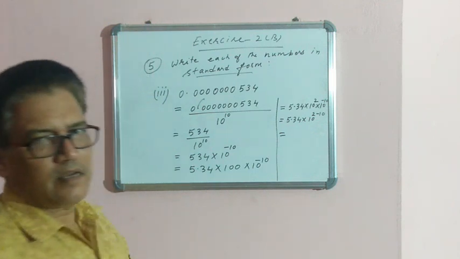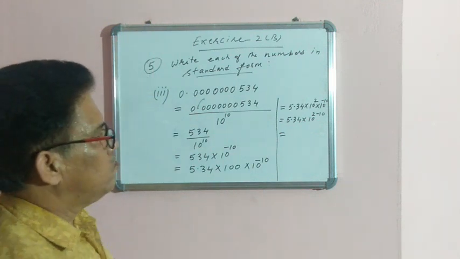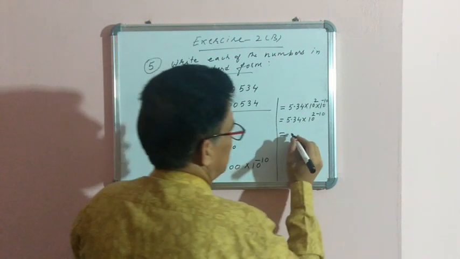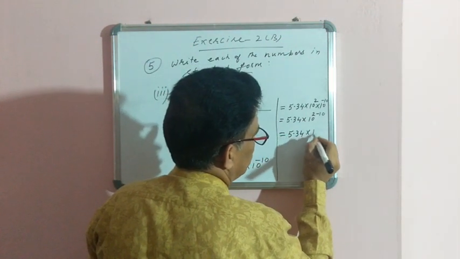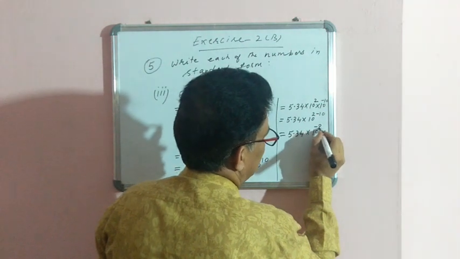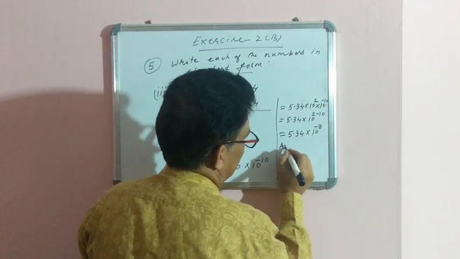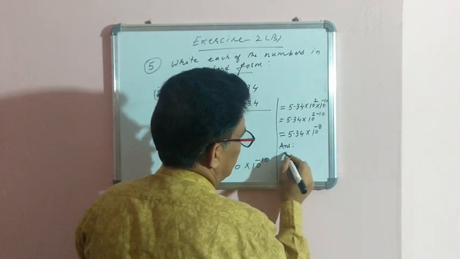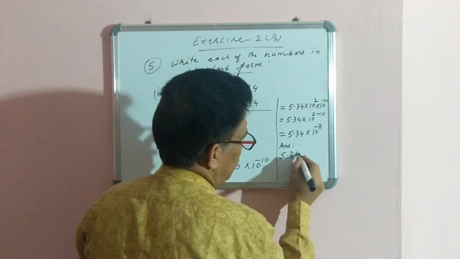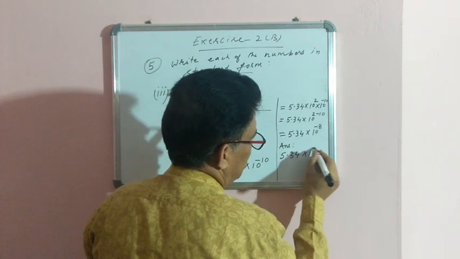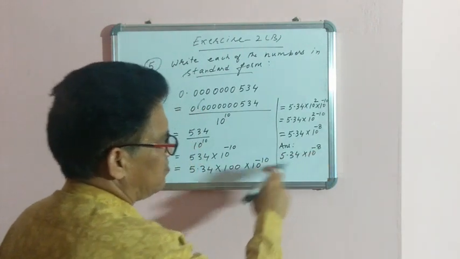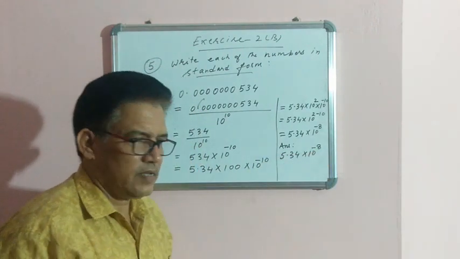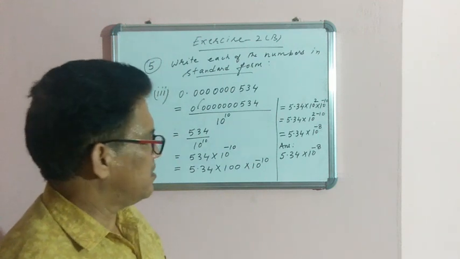Now 2 minus 10 is equal to minus 8. So we are getting 5.34 into 10 power minus 8. So our answer is 5.34 into 10 power minus 8. This is a negative integer power and this value is also correct. This is less than 10, greater than or equal to 1.